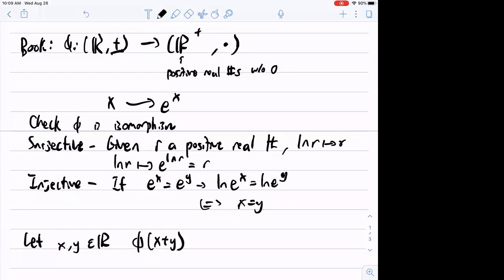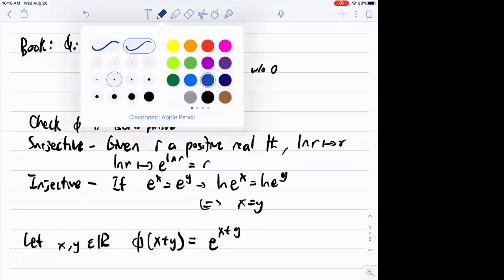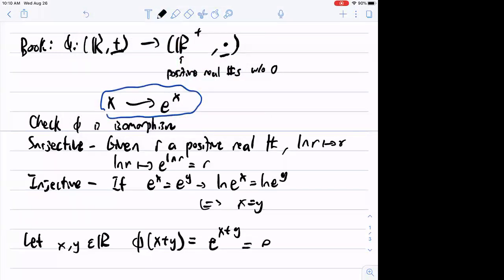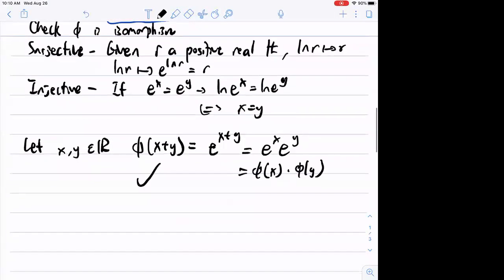I need to check that this is phi of x times phi of y, because the operation on the image is multiply. So what's phi of x plus y? Well, it's e to the x plus y, and this is just a property of exponents. And what's e to the x? That's just phi of x. And what's e to the y? That's just phi of y. So we checked all three properties. So phi is an isomorphism.